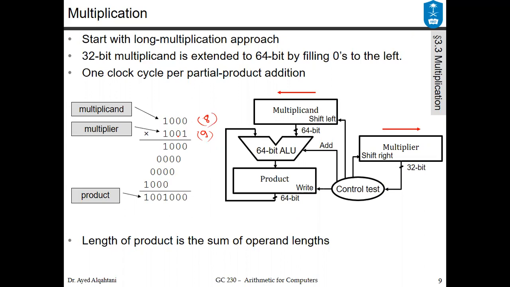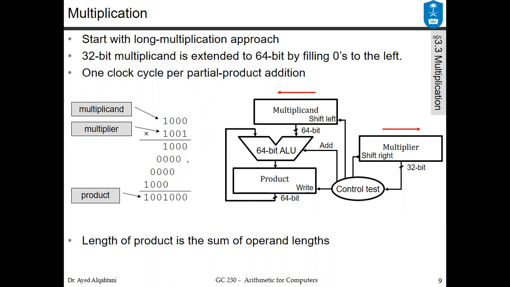If you have 0, you zero everything. If you have 1, you copy the multiplicand. And then after you generate the partial product, which is actually going to be either the multiplicand or zeros, there is also a shift.